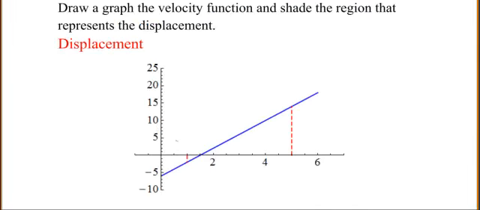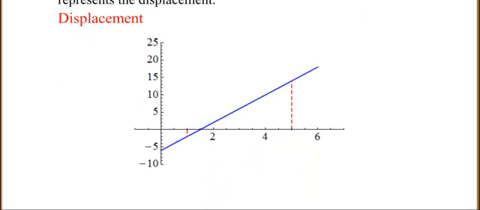So let's take a look at the graphs here. Here's the graph of the velocity function. Notice it crosses at 3 halves. So this would be the displacement. Notice this part would be negative because it's below the x-axis, and this would be positive.